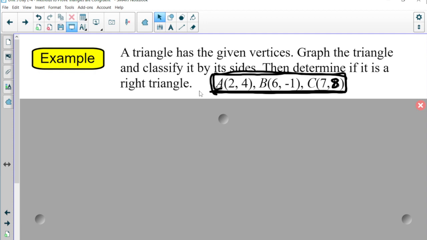Again, don't forget the square root stays through the whole thing. Don't lose your square root partway through when you do these formulas.